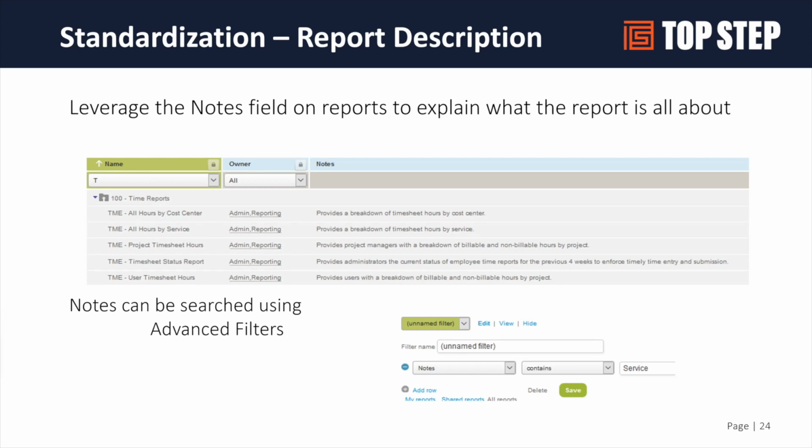And so you could say notes contain service and bring up all the different reports where the service is tagged in the report. So the notes can be a really nice reminder of what this report does. It also helps your end users validate they're running the right report as part of that. So notes can be a really nice add-on to your maintenance of your reports.